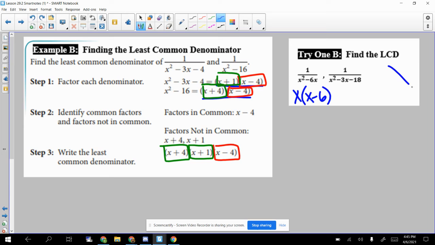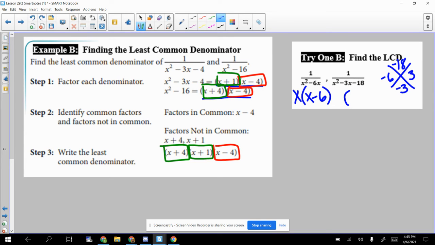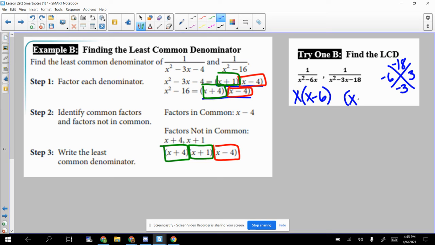Then in this one, I would go ahead and factor the trinomial. What two numbers multiply to -18 that add to -3? A -6 and a +3. So those would be written as x minus 6 and x plus 3.